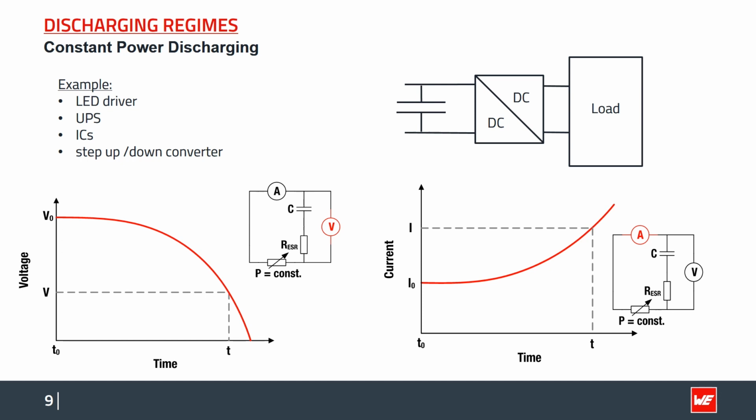The voltage decreases with time and the current increases. Details are given in the references of this talk. Examples for this kind of discharge mode are uninterruptible power supplies or LED drivers, for instance. Judging from the requests I receive, this is the most common method. Most customers that contact me use DC-DC converters.